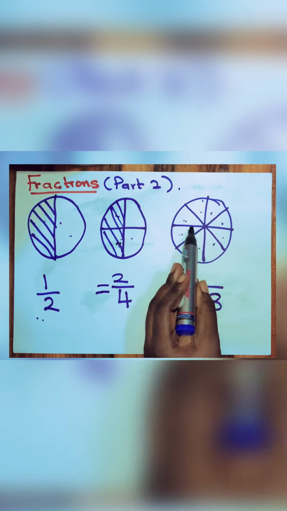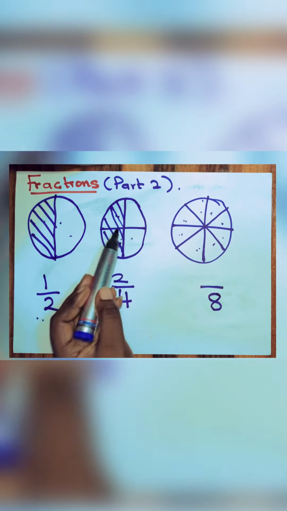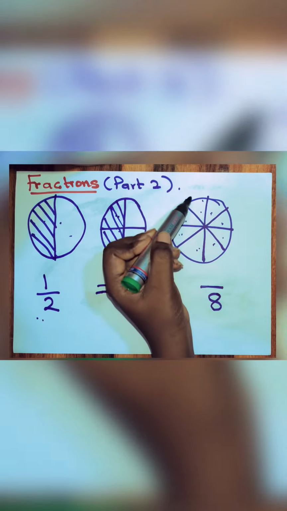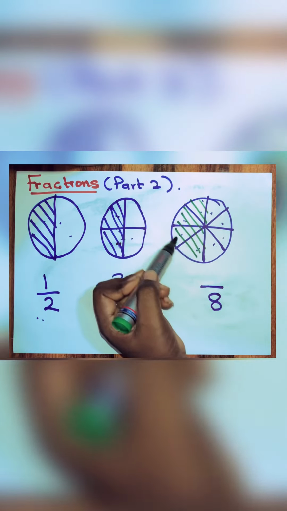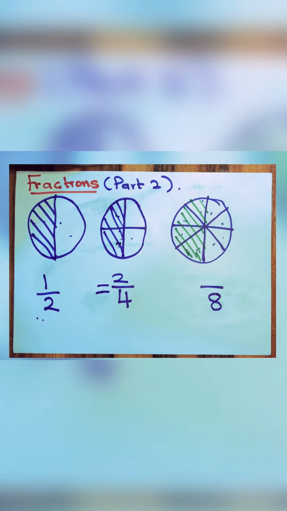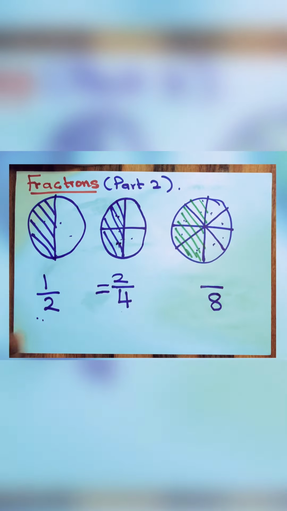Right? But let's say I want to eat the same fraction of the pizza just as I have eaten in these pieces. So how many of the equal pieces should I eat? So I could eat all of these slices over here. And so how many of these 8 equal pieces have I eaten?